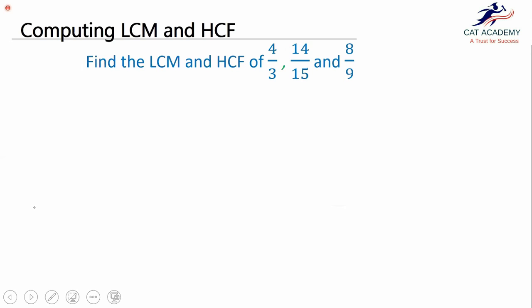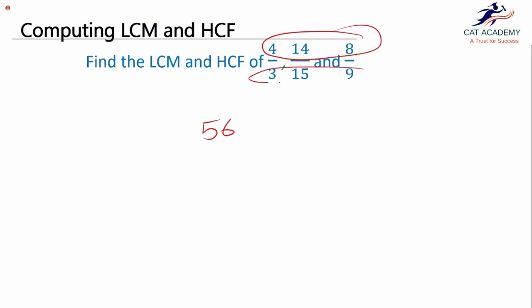So let's try a question. Is this reducible? Any of these fractions, can I reduce further? No. Then let's calculate directly. LCM will be the LCM of numerators. What is the LCM of numerators 4, 14, and 8? 56. By observation, I can do that. 56 will be the LCM of numerators. And what is the HCF of 3, 15, and 9, the highest common factor between these? 3. So this will be my LCM.